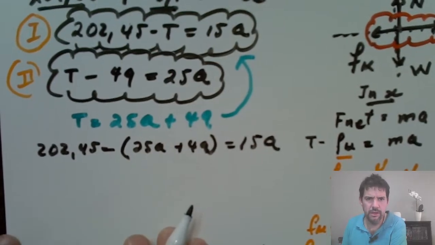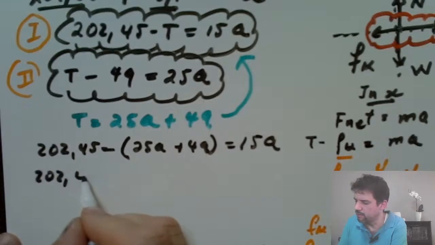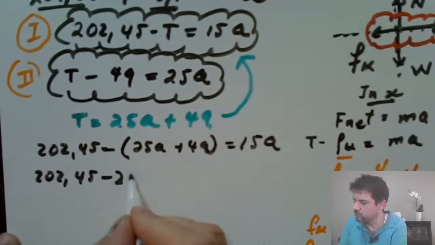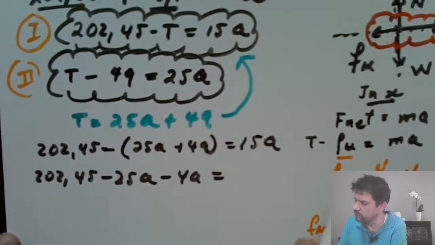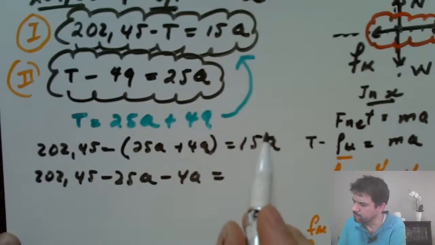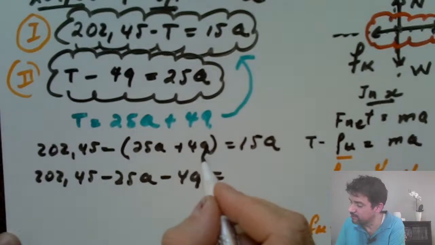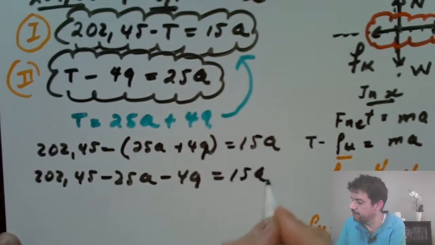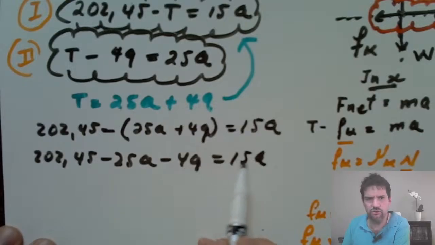There we go. So now you open the bracket here. So it's 202,45 minus 25A minus 49 is equal to 15A. My handwriting. And then you just rearrange this one accordingly. So this A is going to the other side.